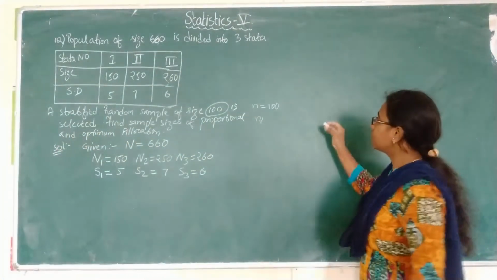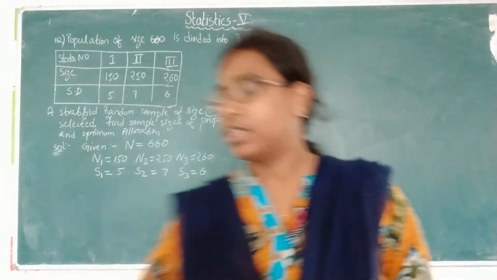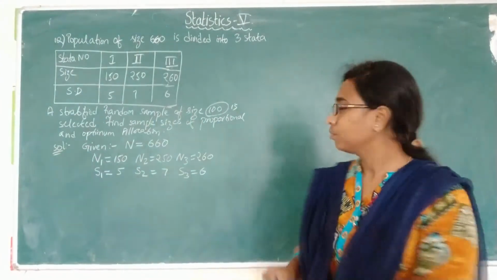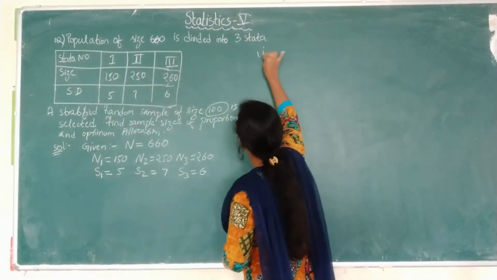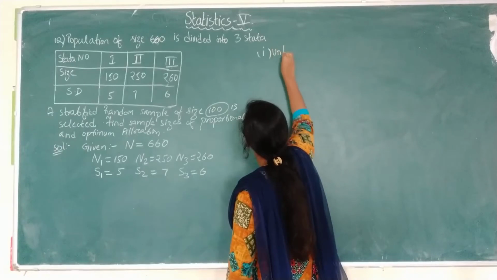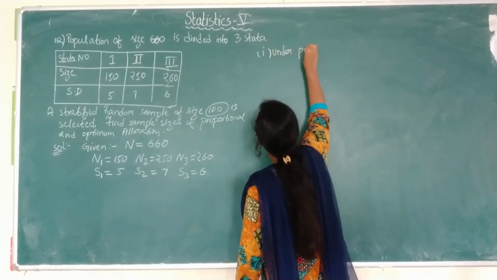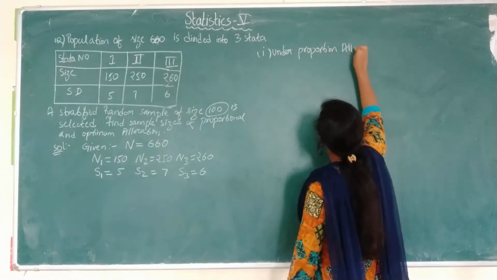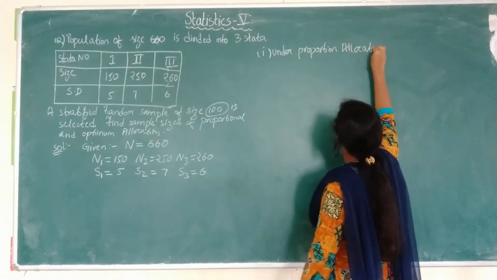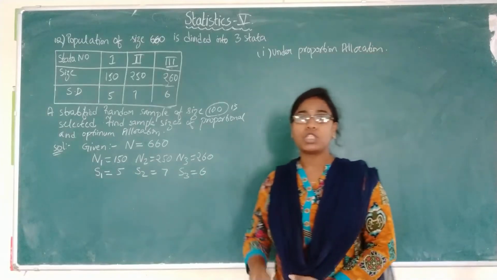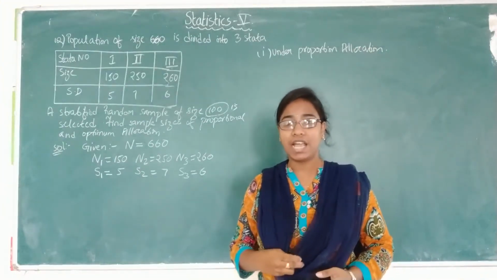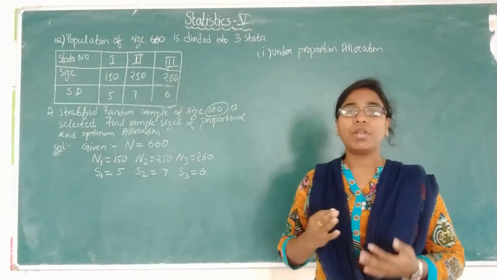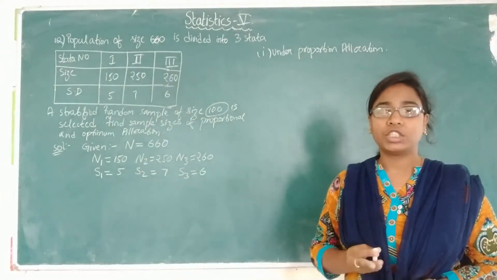First we will see the sample size under the proportional allocation. So what is proportional allocation? The condition is that the sample fraction, whatever you take, should be constant.